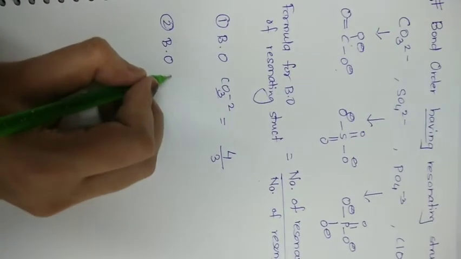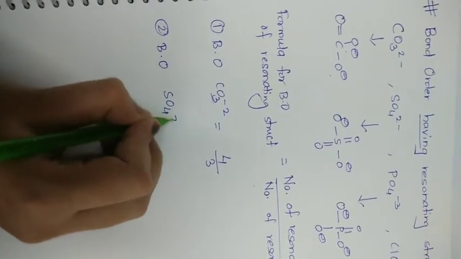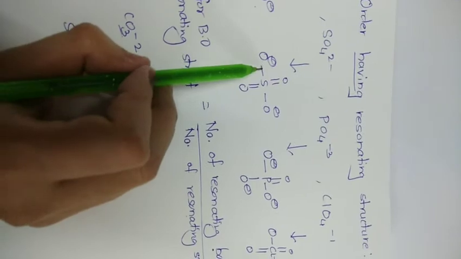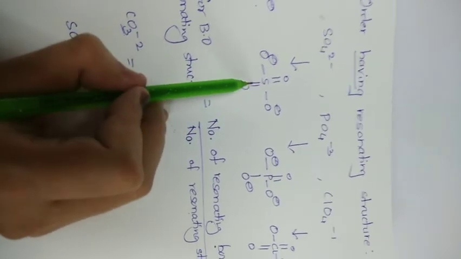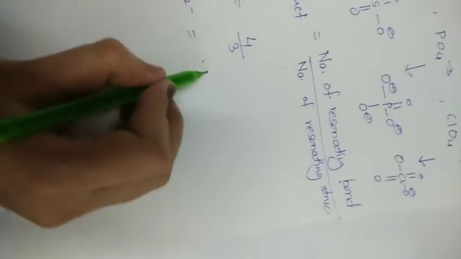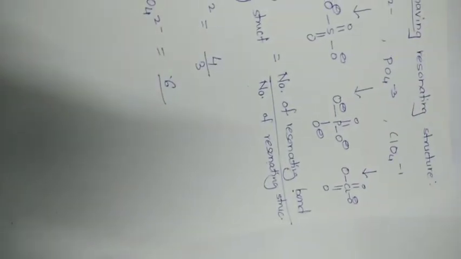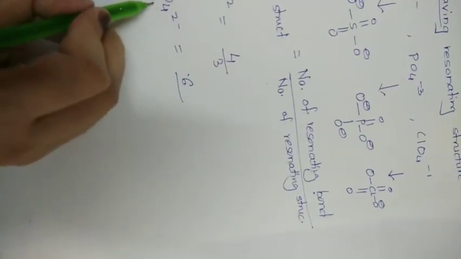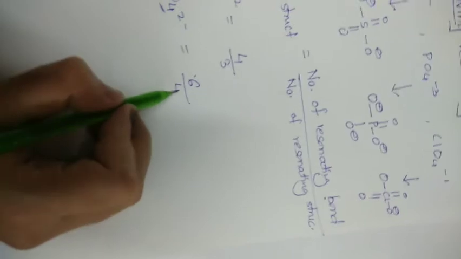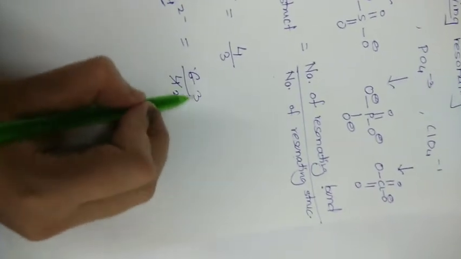Similarly, bond order for SO4 2 minus. How to calculate? See, number of resonating bonds. How many bonds are there? 1, 2, 3, 4, 5 and 6. So write here 6. Now what to write downside? So here comes the number 4. Write here 4. 2 2s are 4 and 2 3s are 6.